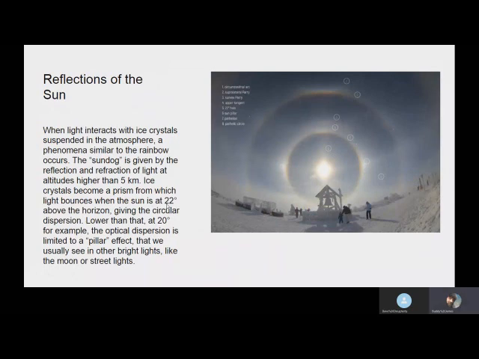For example, the optical dispersion is limited to a pillar effect that we usually see in other bright lights like the moon or street lights. So you got the circumzenithal arc. I'm not even going to try to pronounce some of these.